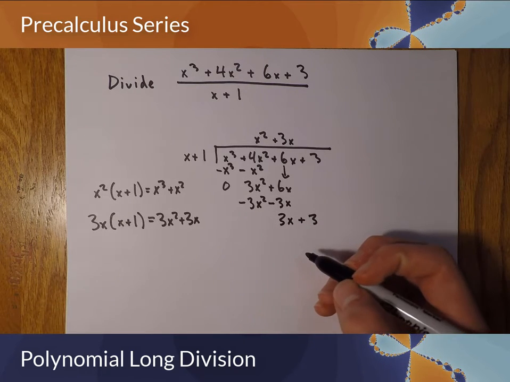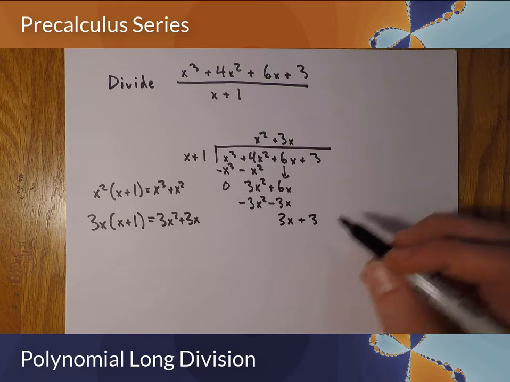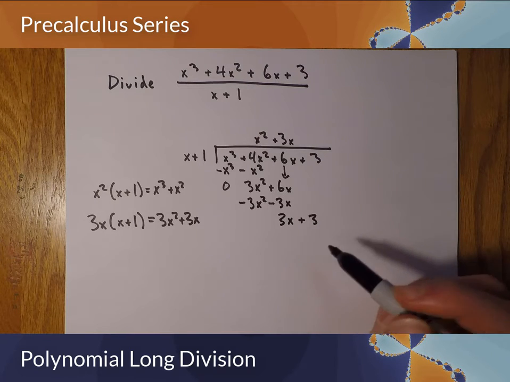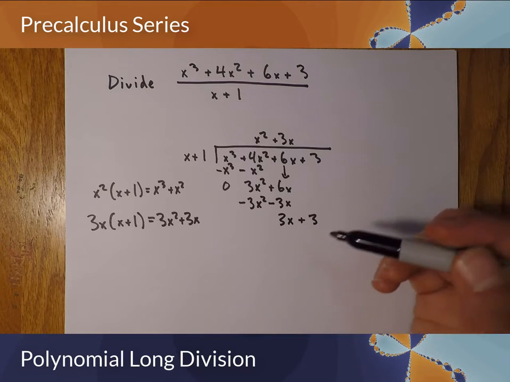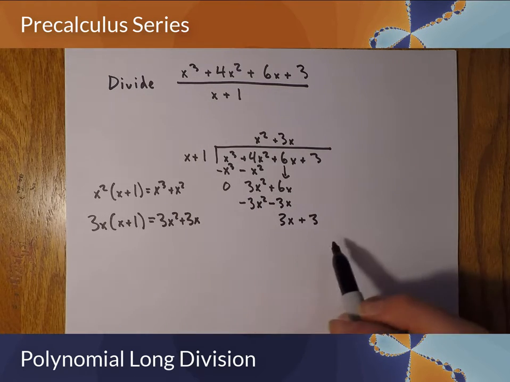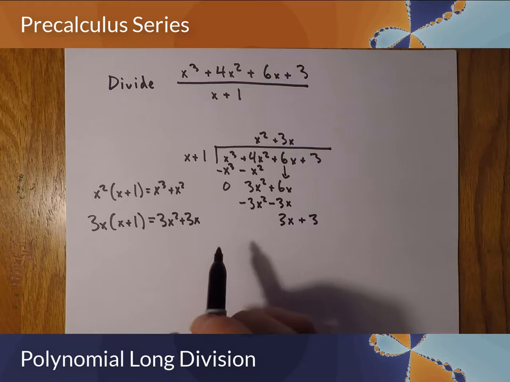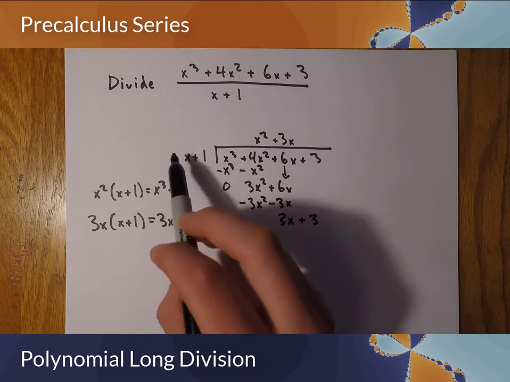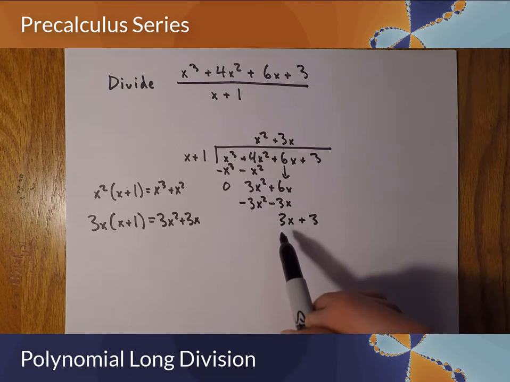All right, so now we can see again how many times x plus 1 fits into 3x plus 3. And we can see that 3x is related to x. If you multiply x by 3, you get 3x.